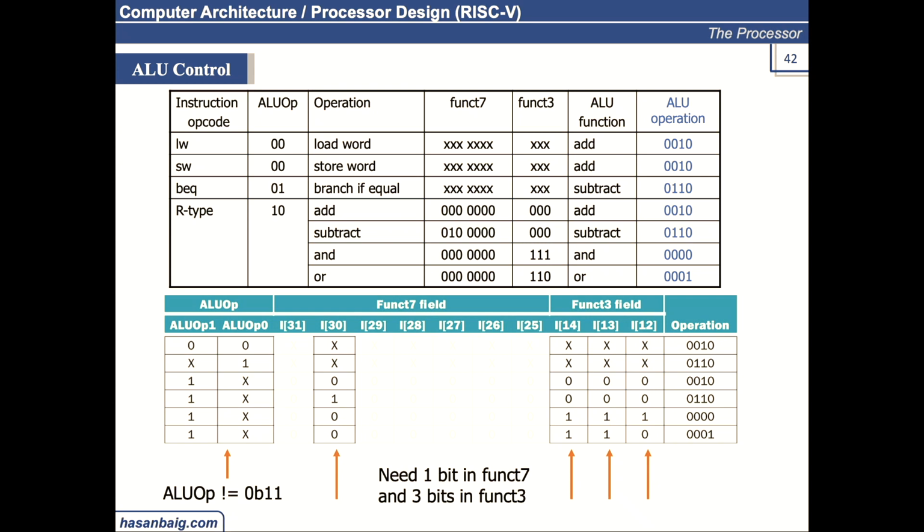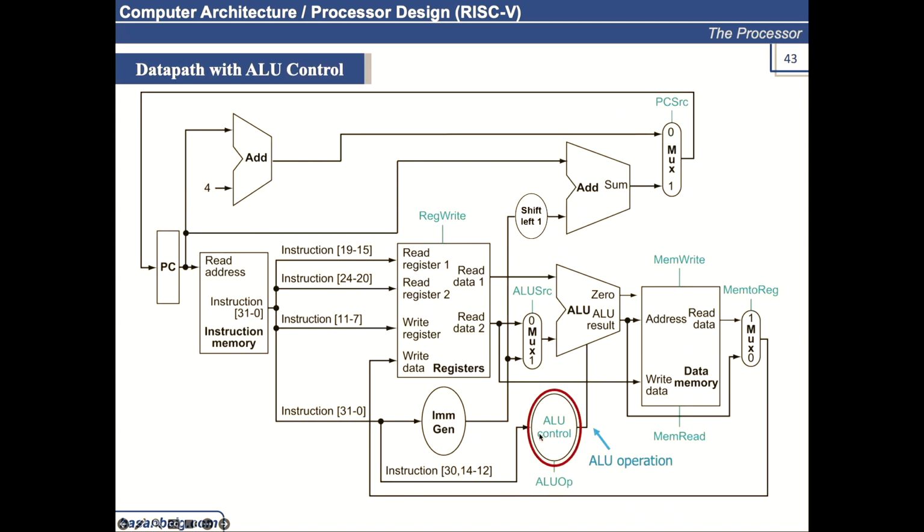That is why in the ALU control we have instruction bit numbers 12 to 14, that is 12, 13, 14, and 30. In the hardware, we are just putting these 4 wires into the ALU control, not all the 32 bits. Okay? Any question?